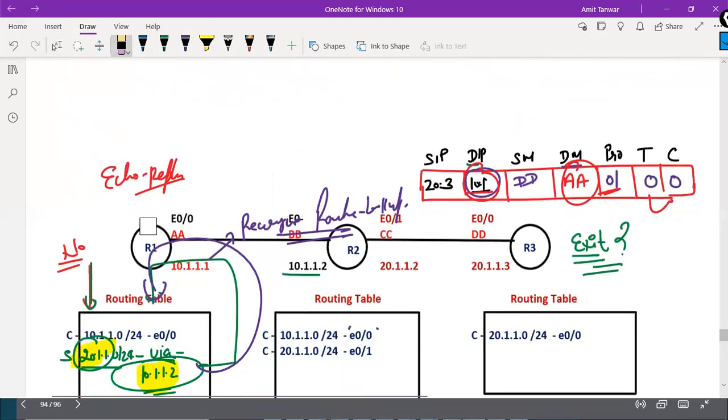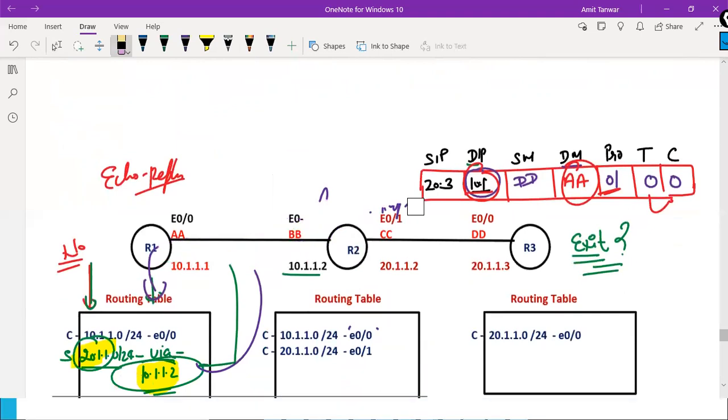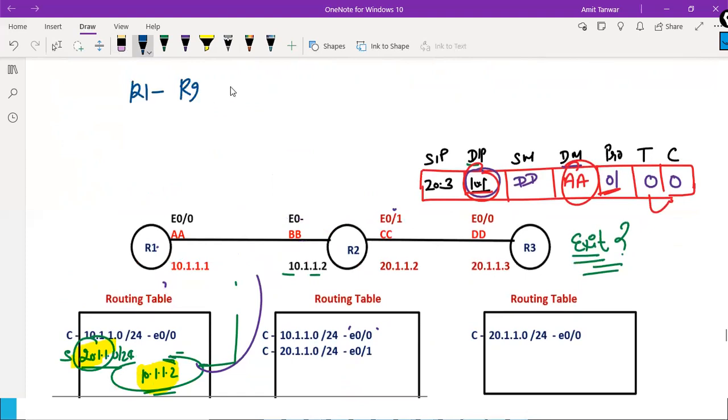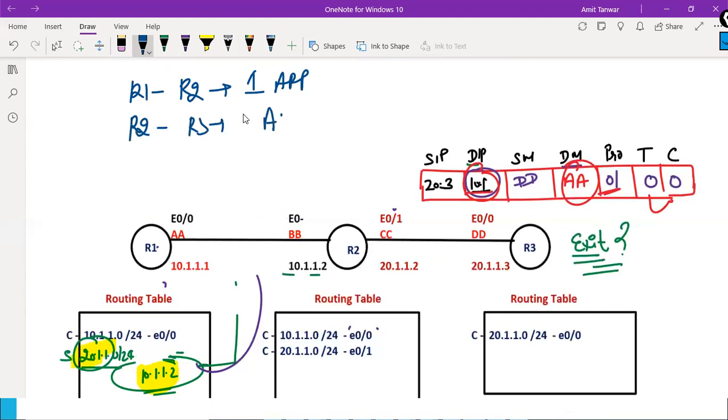There will be 2 ARPs. One is between R1 and R2, and the second is between R2 and R3. First ARP is between R1 and R2, and second is R2 to R3.